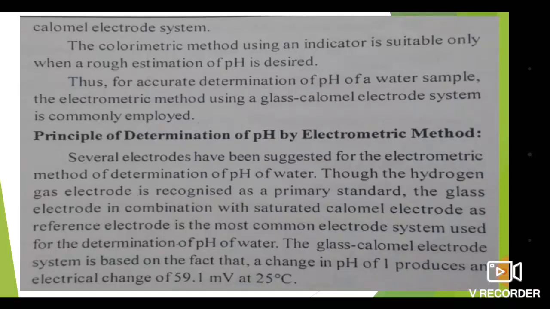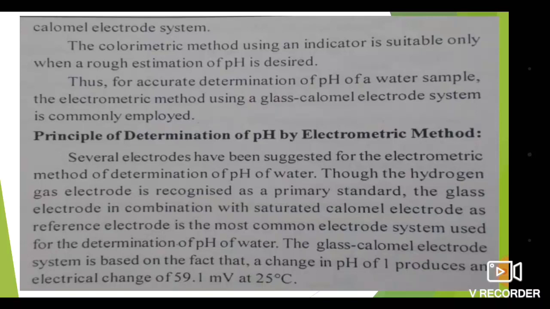For the measurement of pH we use two electrodes, glass and calomel electrode: one is the reference electrode, and one is the indicator electrode.